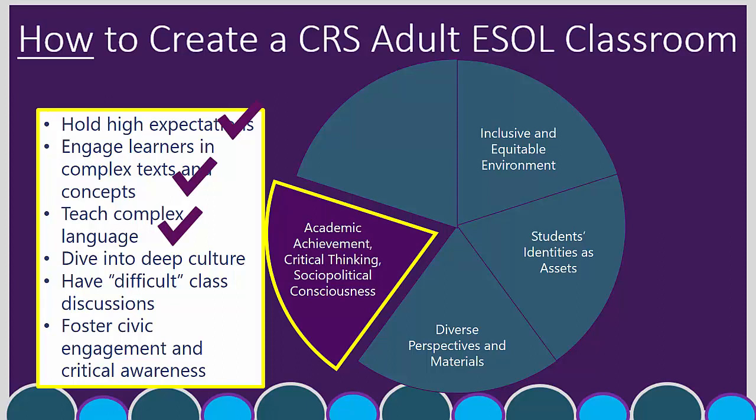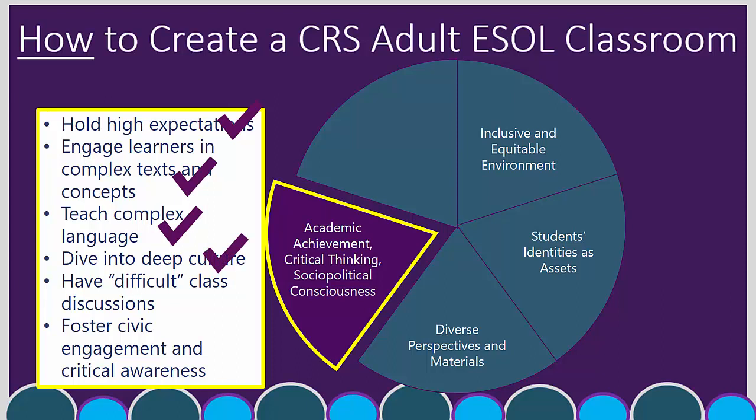Understanding and communicating complex ideas requires complex language, like nuanced vocabulary, grammar, and discourse patterns. So, CRST in the ESOL classroom must include language instruction, practice, and scaffolding, along with higher order thinking skill development. A CRS class includes rich conversations about real issues.